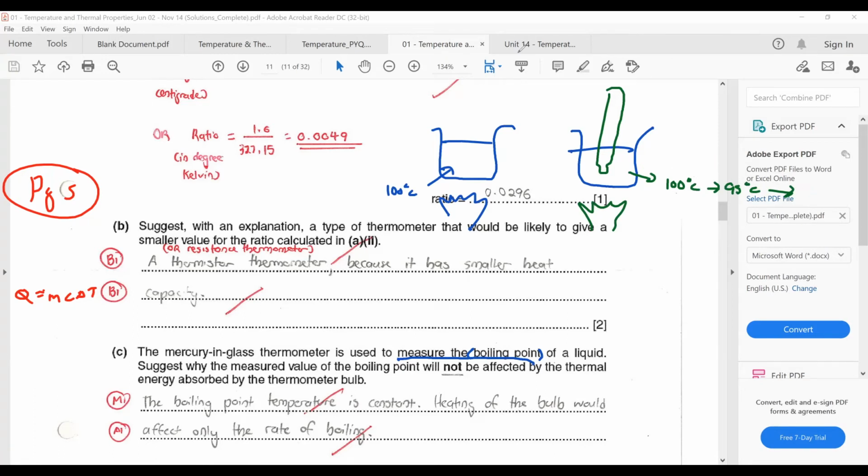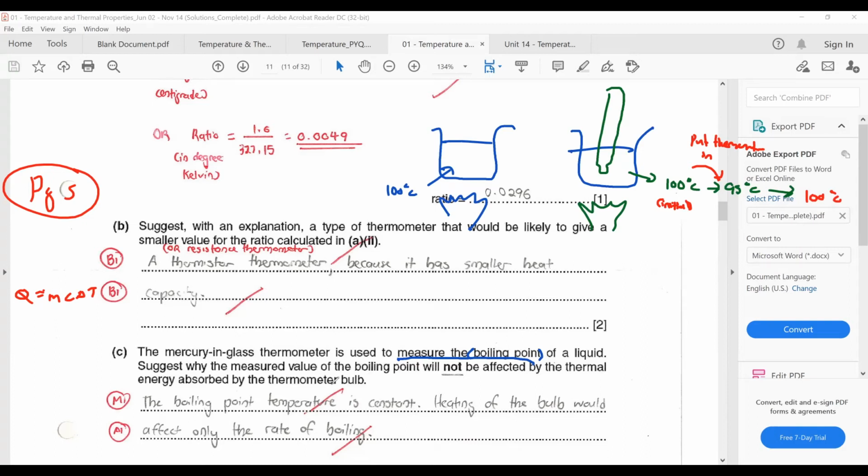So if you originally were at 100 degrees centigrade, you put thermometer in, you probably drop to 95 degrees, but then you eventually go back to 100 degrees again because you're heating the thing up.